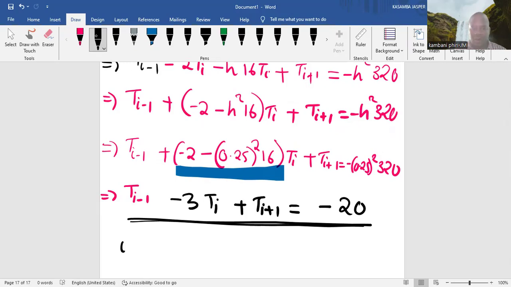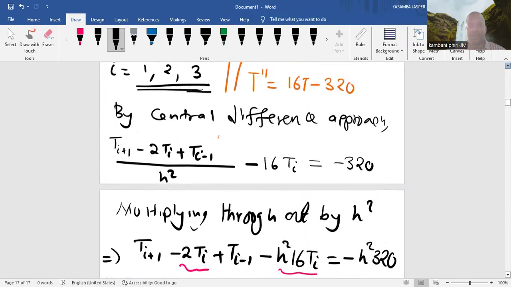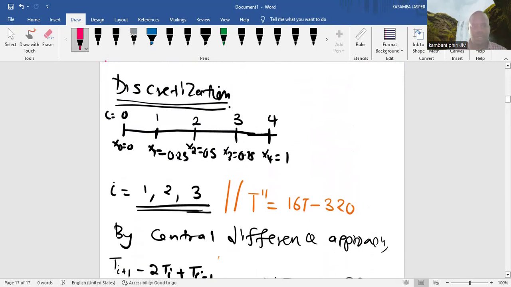So we'll have i equal to 1, 2, 3, inner nodes only. From our discretization, we'll have only T1, T2, and T3, because we are dealing with the inner nodes only. We leave out that one because it will overshoot.